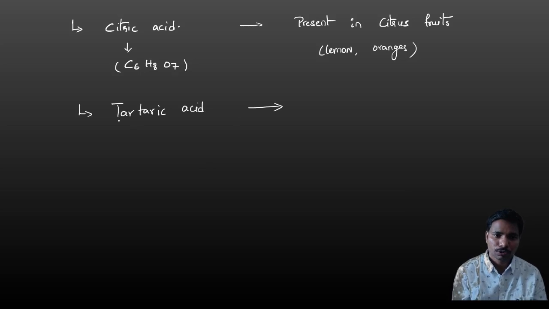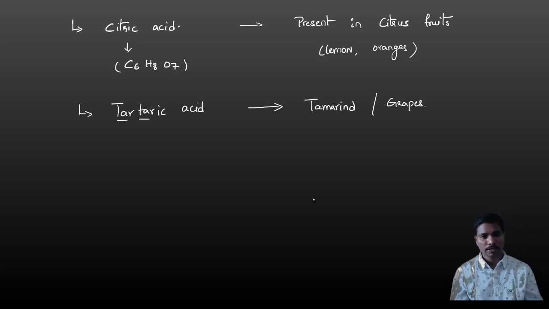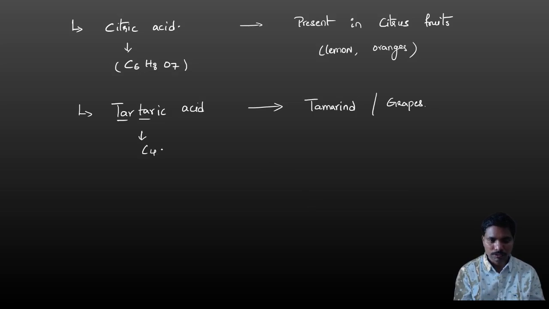Tartaric acid is present in tamarind and also grapes. The formula is C4H6O6.